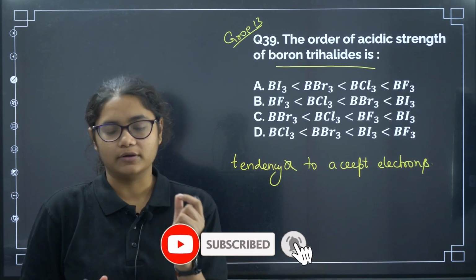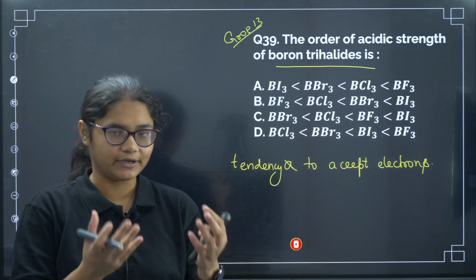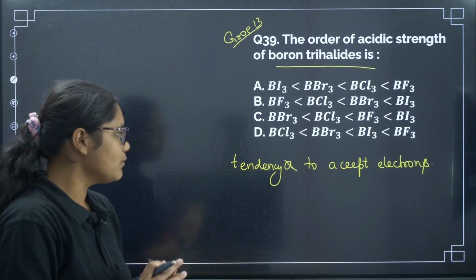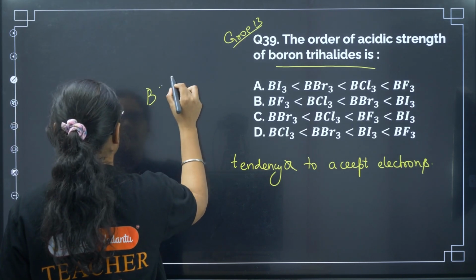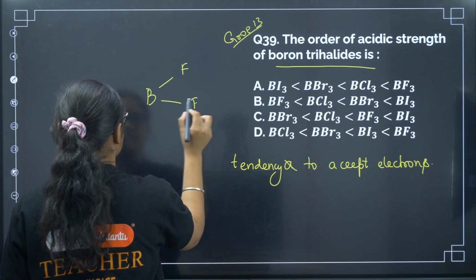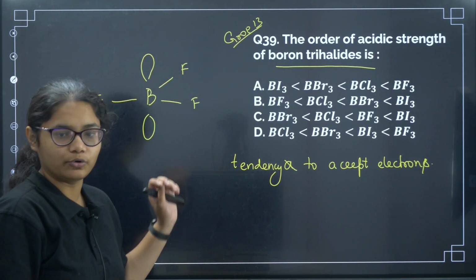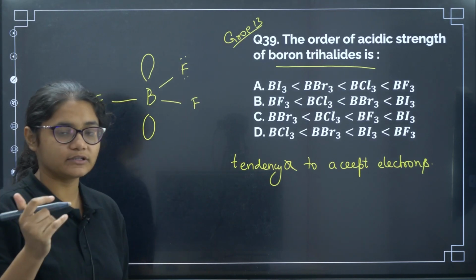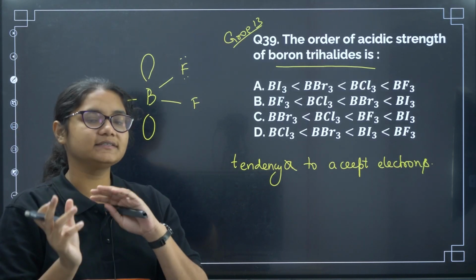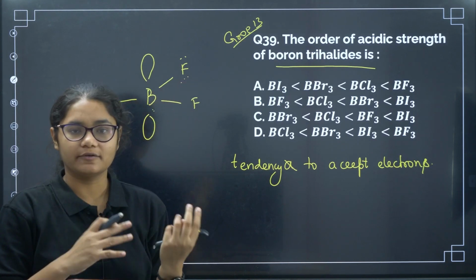Now boron is always electron deficient, so it can accept electrons. Now what happens here is a special case, you have to understand. BF3, okay, if I draw the structure of BF3, and here is the vacant orbital of boron. Now what happens in case of fluorine, because of the small size of fluorine, the orbitals of boron and fluorine are of similar size.